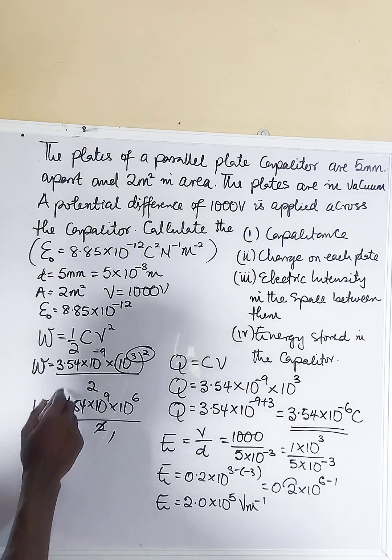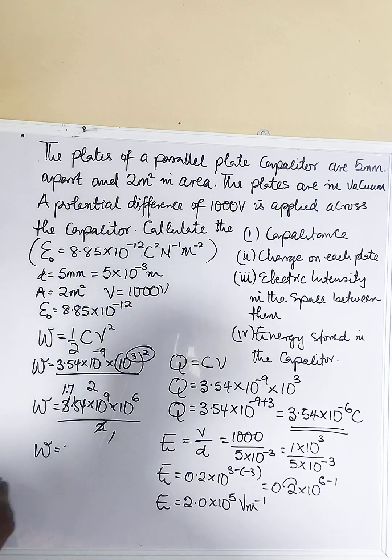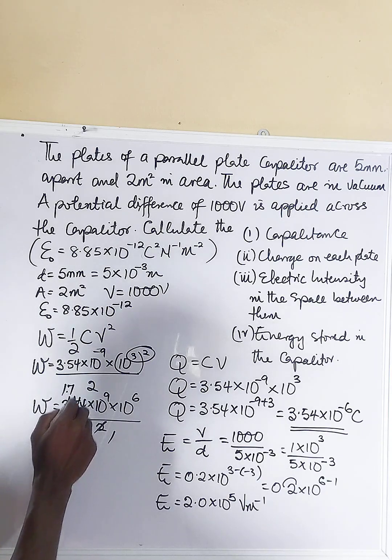Dividing by 2: 2 into 3 is 1, remainder 1; in 15 you have 7, remainder 1; in 14 you have 7.